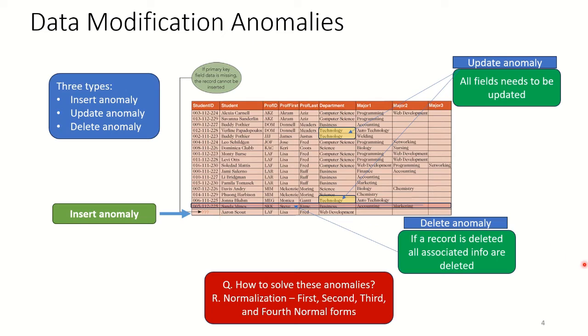Then if you think about the update anomaly, this is marked by data inconsistencies that generally result from data redundancy. If you want to update, for example, this particular value technology to something else, let us say industrial technology or computer technology, whatever it is, then you cannot just update one field on this record only, because you have to update all the records that match technology.